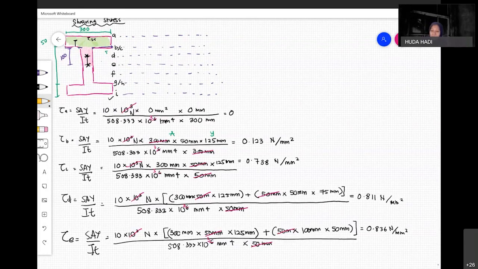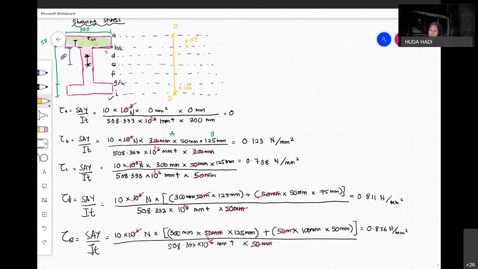Okay, so kita draw. Kita tahu A akan sama dengan I. Kita tak kira pun I, tapi we know that the value going to be the same because they're symmetry. Kosong. And then B akan sama dengan H. So this is 0.123, 0.123. And then C akan sama dengan G. Okay.